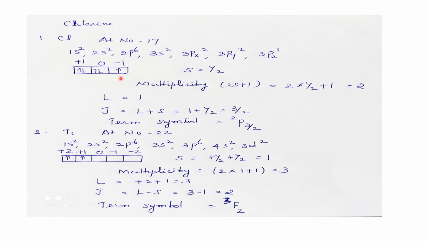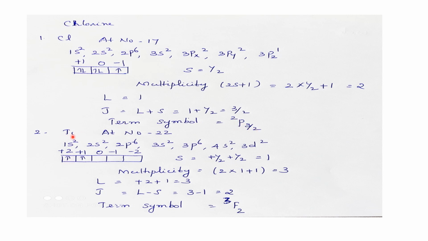Then S is half, since these two are completely filled. Multiplicity 2S plus 1 is equal to 2, that is 2 into half plus 1, 2. L equal to 1. J, since it is more than half filled, J is equal to L plus S, that is 1 plus half, 3 by 2. Therefore the term symbol is, L equal to 1, the term is P, 2P 3 by 2.